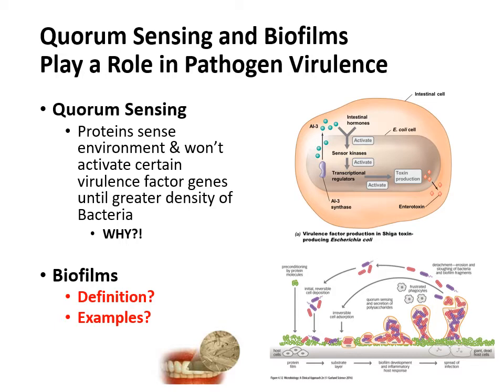So by having a variety of different species working together, they increase their odds of survival because you can't kill them all at once. So biofilms become very tricky for us to destroy or clean up.